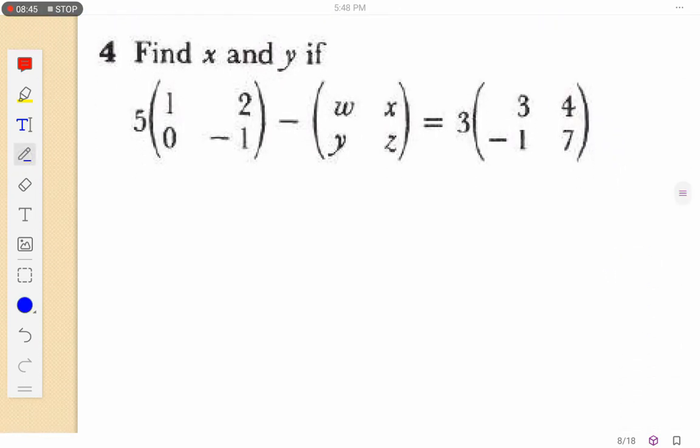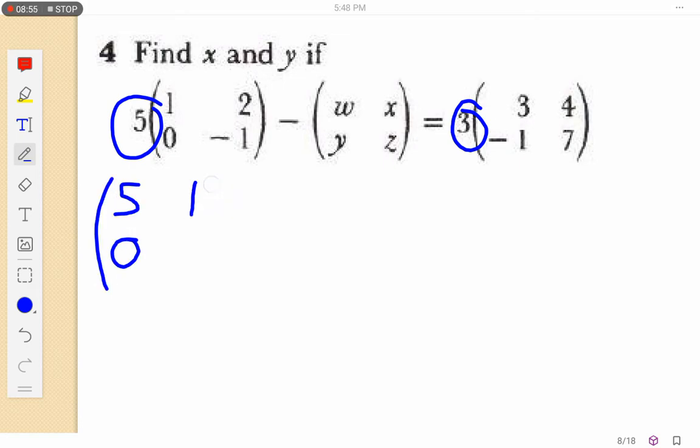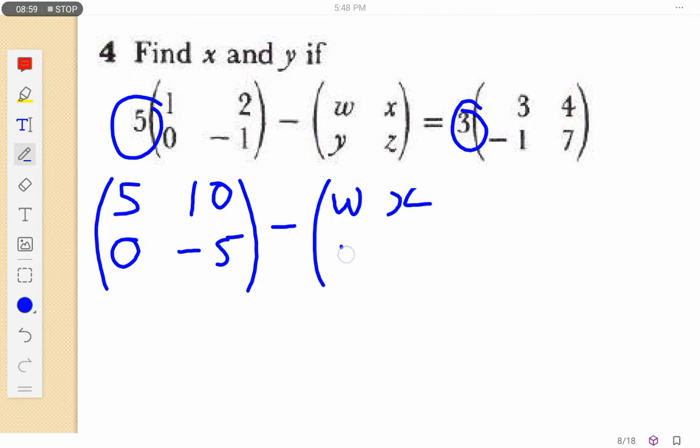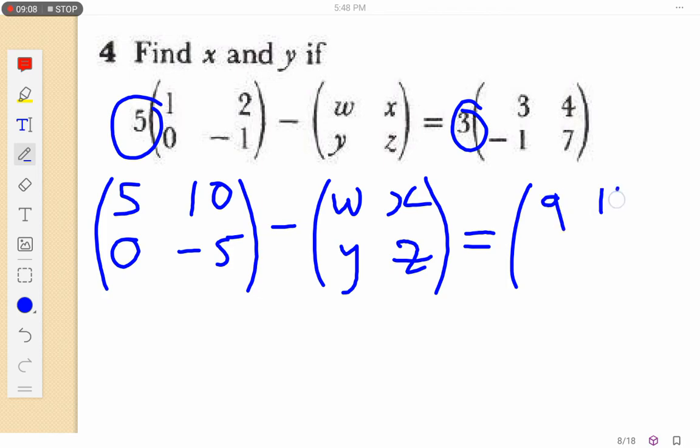Okay, this one, we multiply our scalars inside the matrix. Okay, let's do that. For the first one, we have 5, 0, 10, minus 5, minus w, x, y, z, is equal to, this other side we have 9, 12, sorry, this is 12, minus 3, 7 by 3, we get 21.